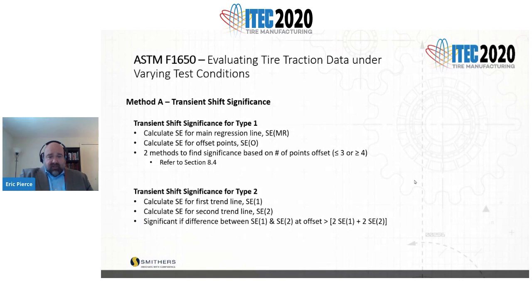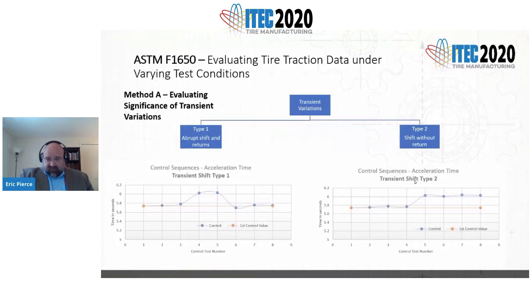Then going to the stepwise transient shift, which is our type 2, you calculate the standard error for the first trend line and one for the second trend line. In the graph on the lower right, the first 4 points are our first trend line, and we would have a standard error for the last 4 points as well.